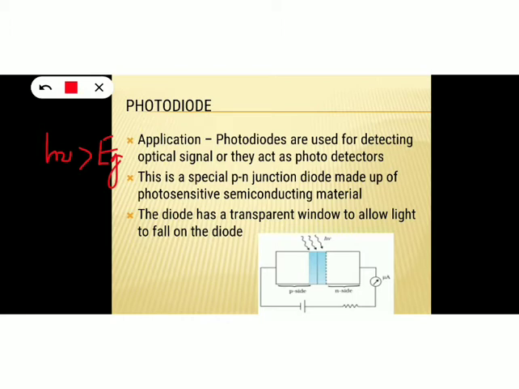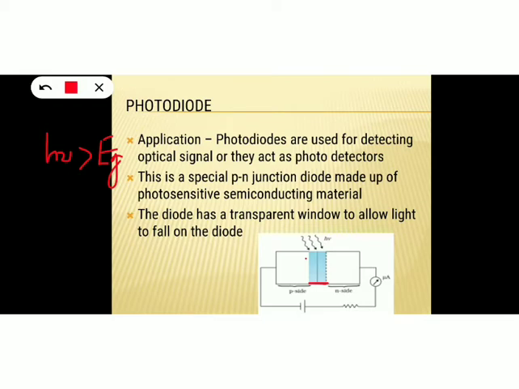These electron-hole pairs are generated near the depletion region, because the transparent window is located near the depletion region.